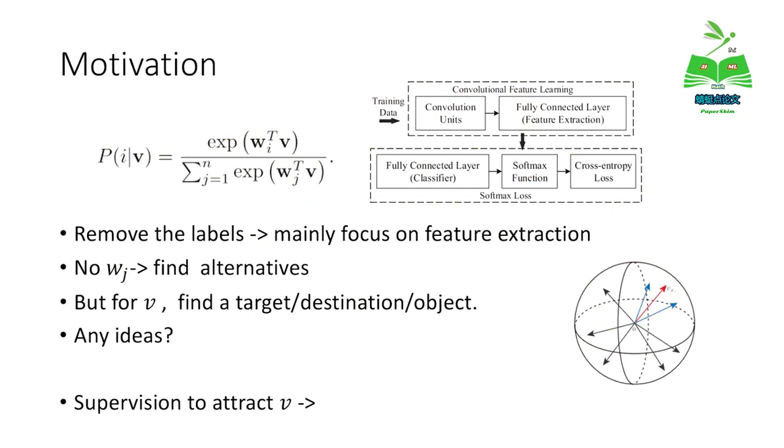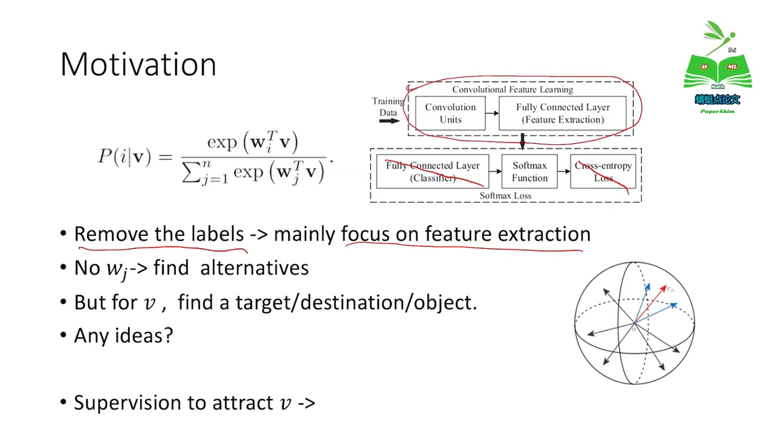So this is the motivation: remove the labels. Without the cross entropy loss, and with the labels removed, we should not know the number of classes. We should not use the classifier. Then we can mainly focus on the feature extraction part, because now we have less information.